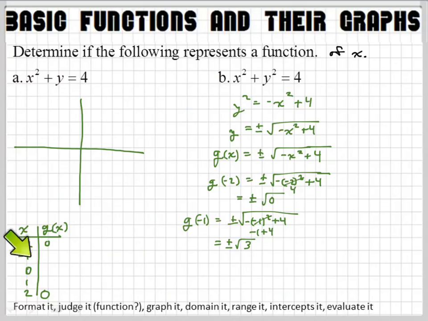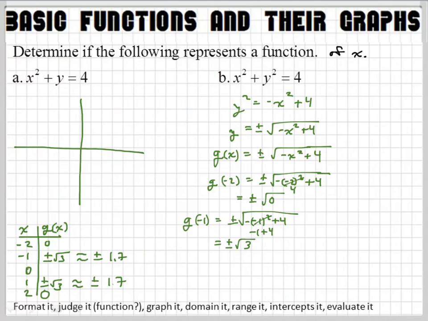So for -2, we got 0, +2, we got 0, and when we plugged in -1, we got positive and negative radical 3. So positive and negative radical 3 would go right here and right here. And that would approximately be positive and negative 1.7, and the same for this one, positive and negative 1.7.